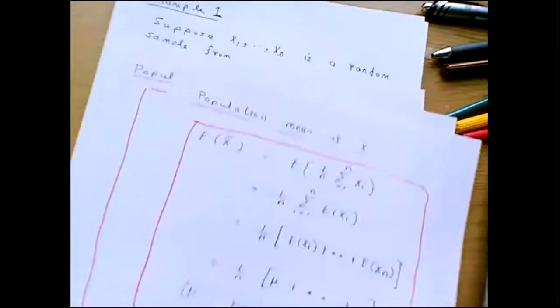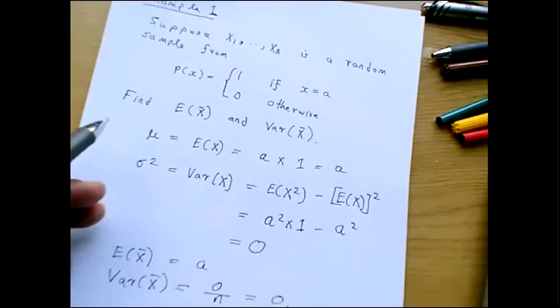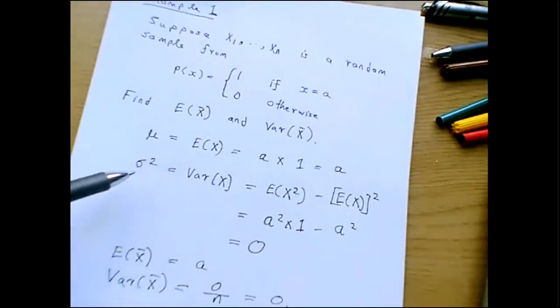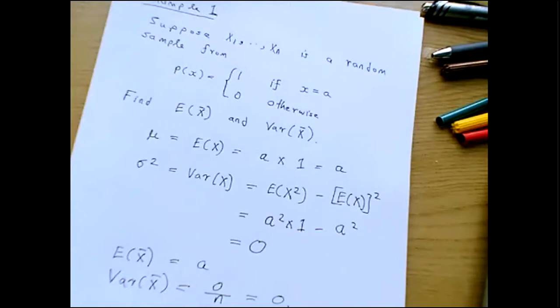So what I have done in this example is work out mu and sigma squared, the population mean and population variance of the x's, and then use the formulas I just proved to find the expectation of x bar and the variance of x bar. All right, so this is one example.